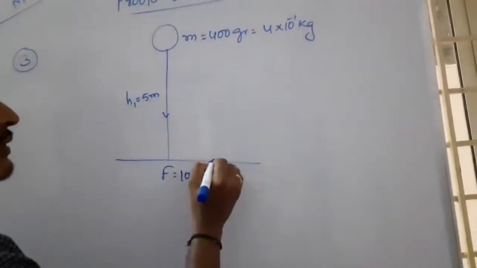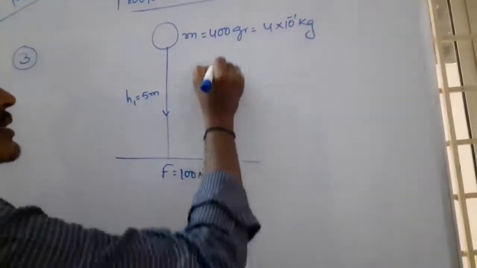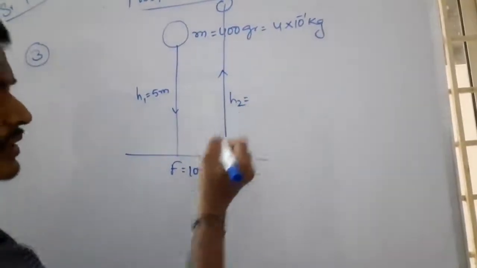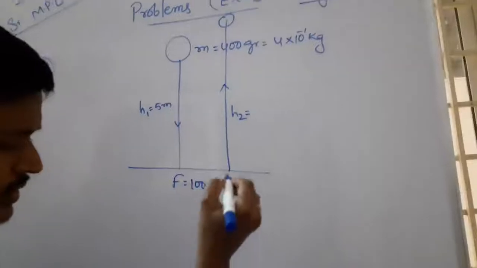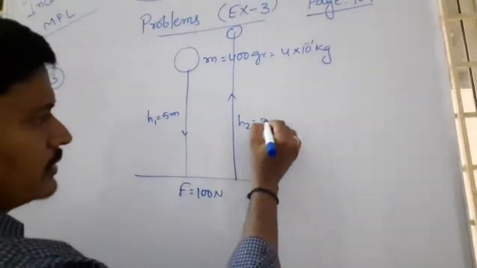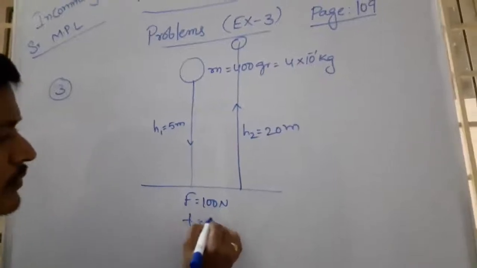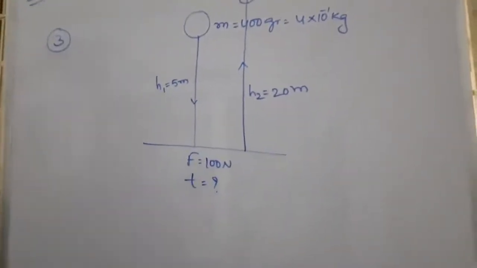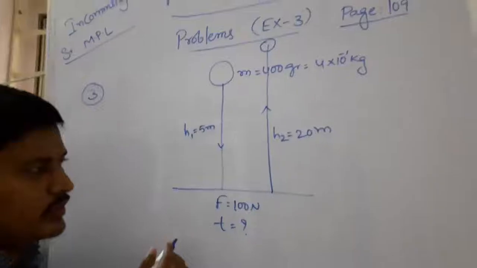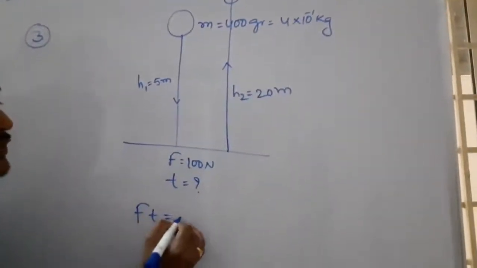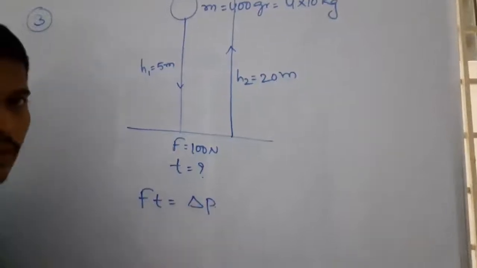Next, after impact with the floor, it rebounds to a height H2 equal to 20 meters. What is the time of the force of impact? Force into time is equal to the change in momentum.